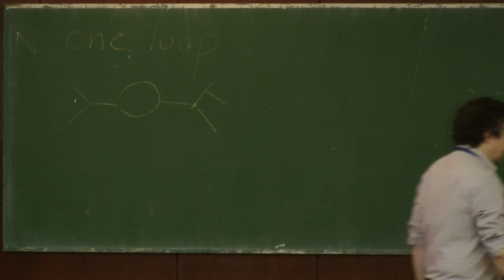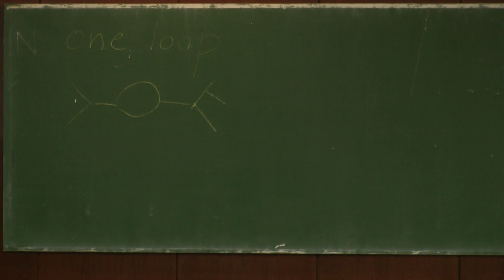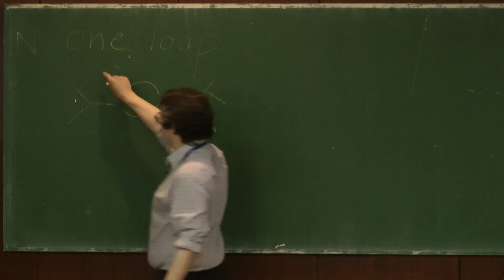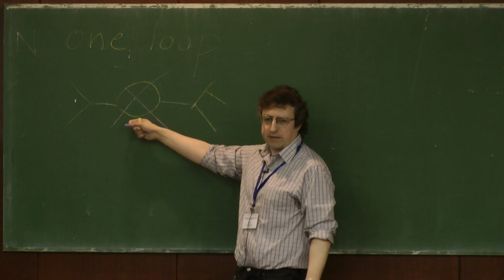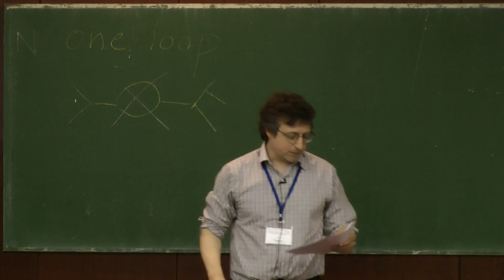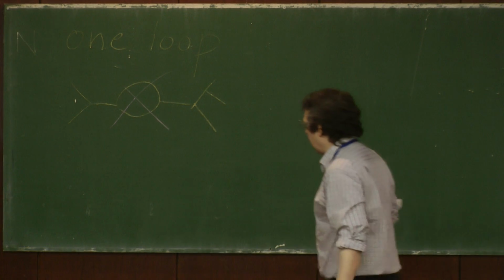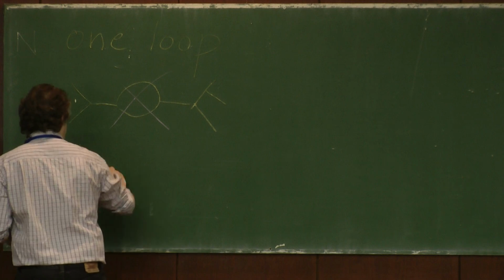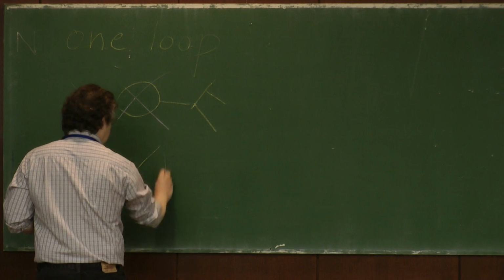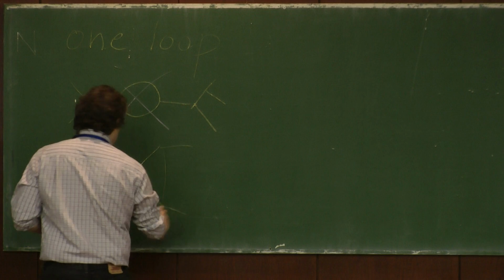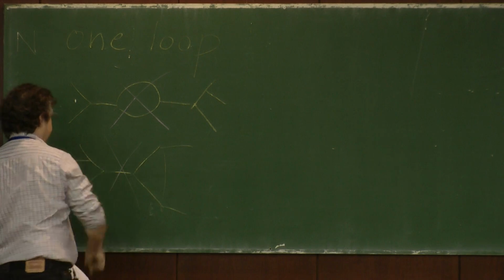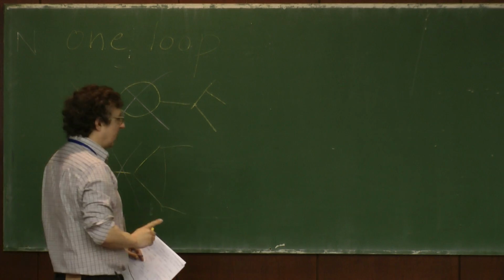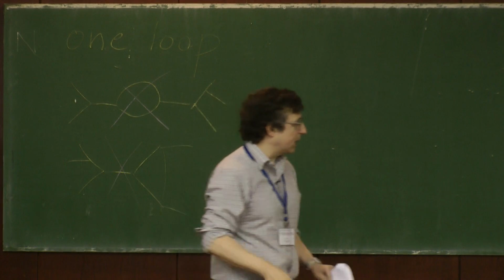And that is that a diagram like that, which has the bubble in it, is not there. And that's actually connected to the finiteness of N equals 4 super Yang-Mills. There's no vacuum polarization. And then other examples, there's also no triangles. So let's say a diagram like this, that's also forbidden. Okay, so there's no triangle subdiagrams, no bubble subdiagrams.